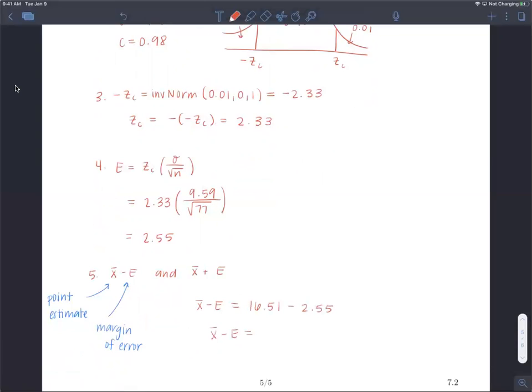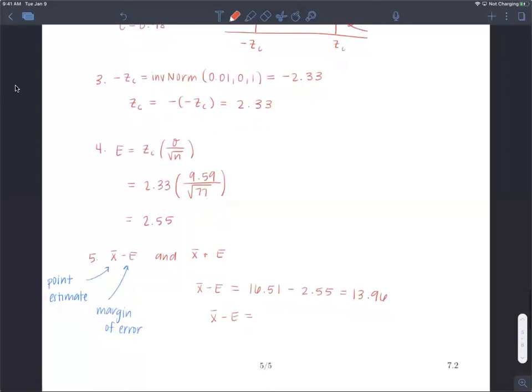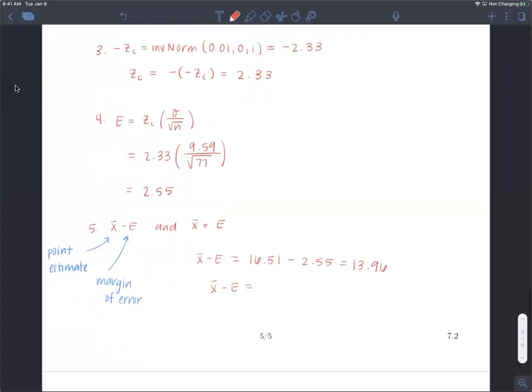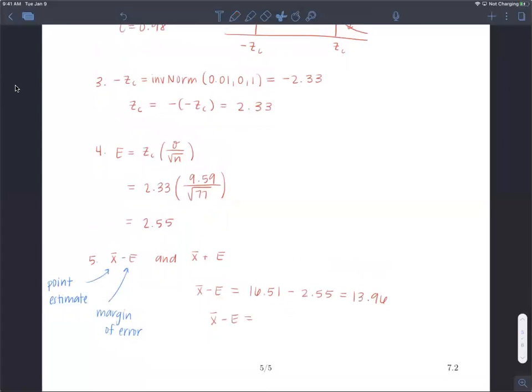I don't actually have the answers anymore. 16.51 minus 2.55 gives us 13.96. And then next I need to find X bar plus E. So that's just going to be 16.51 plus 2.55, which is 19.06.